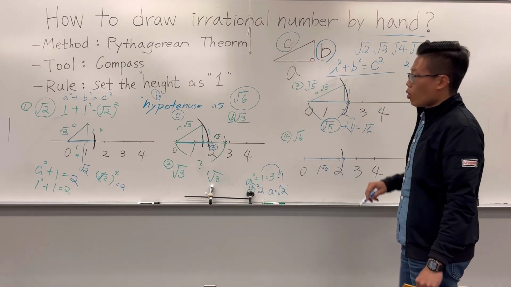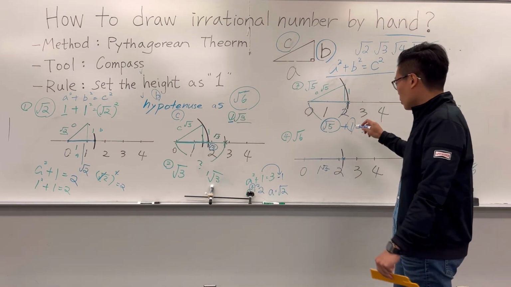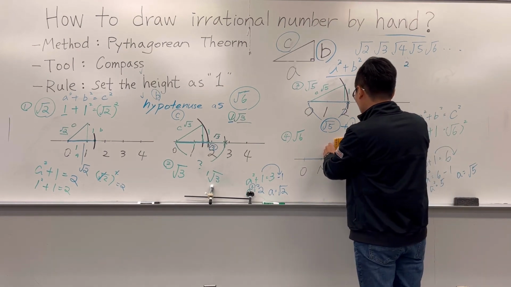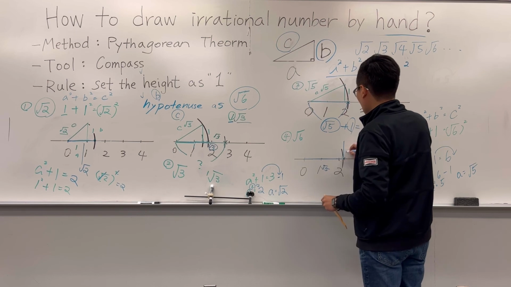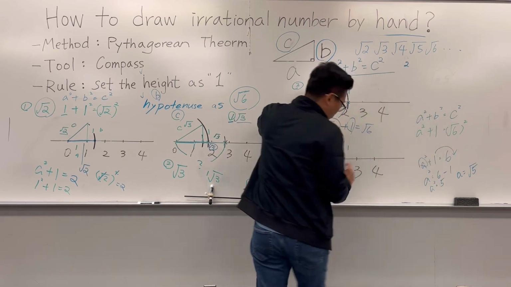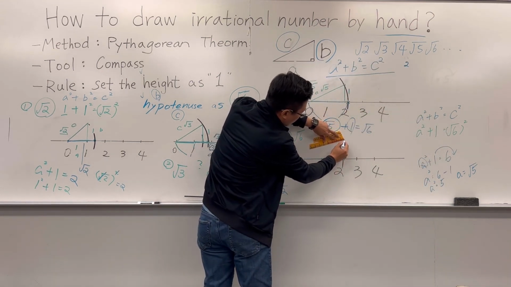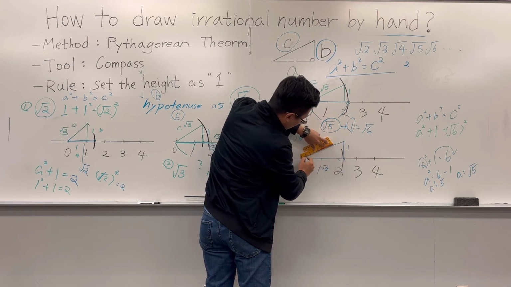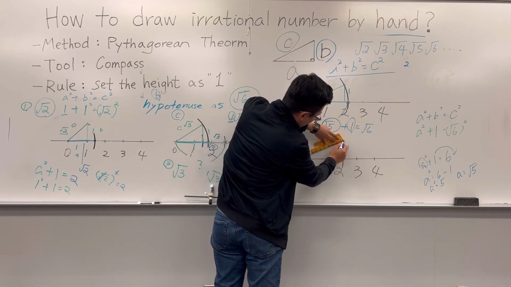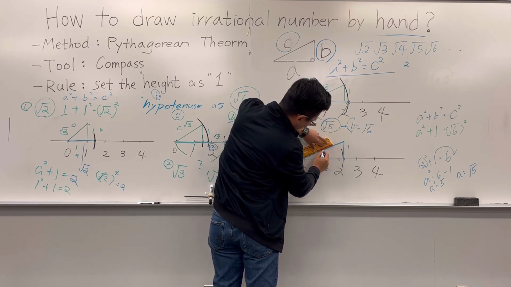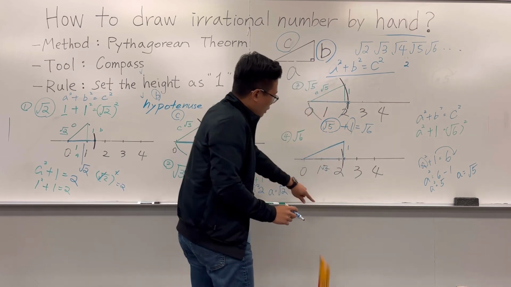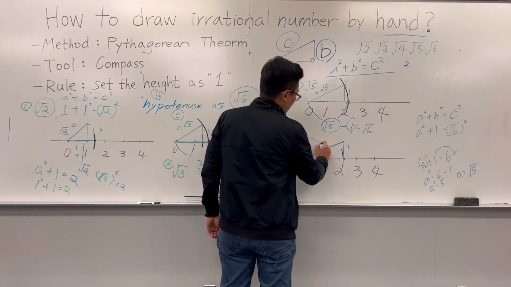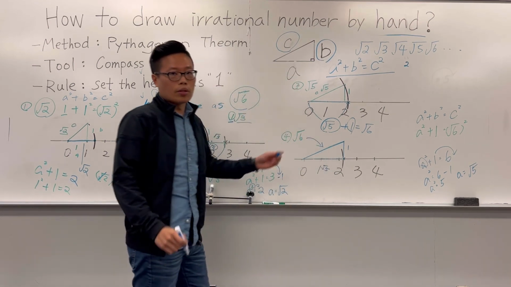There's always an unchanging rule: the height is 1. And then I connect these two lines for the hypotenuse. I got this line for the hypotenuse, and the hypotenuse here should be the square root of 6.